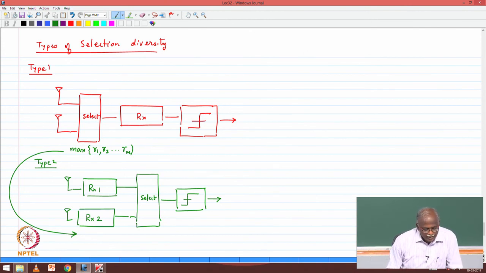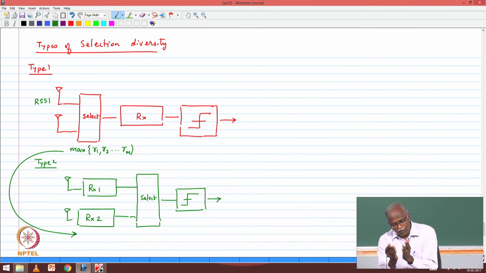Now the difference between these two is, in the one case you determine a priori which is the stronger of the two signals, and that you can do based on RSSI, received signal strength. Basically you take the signal strength from antenna 1, you measure it, and the received signal strength from antenna 2. Now you know that RSSI is not always a good indicator of the SNR.